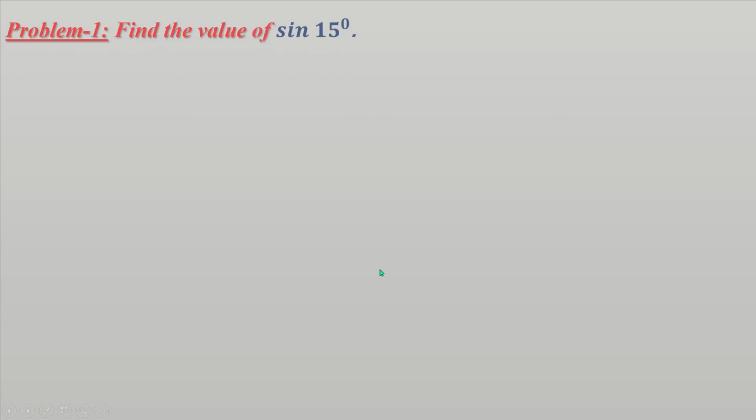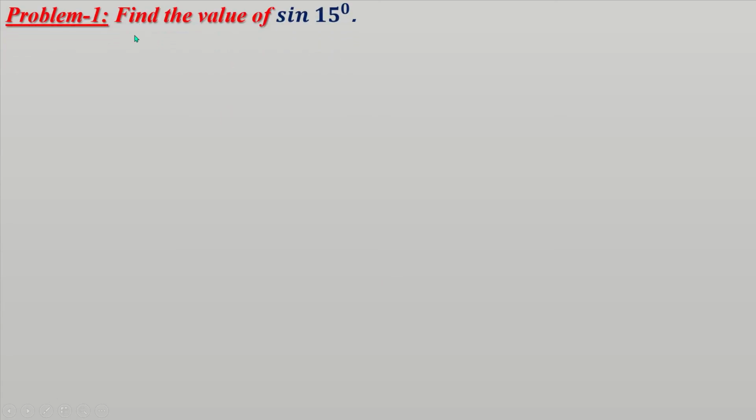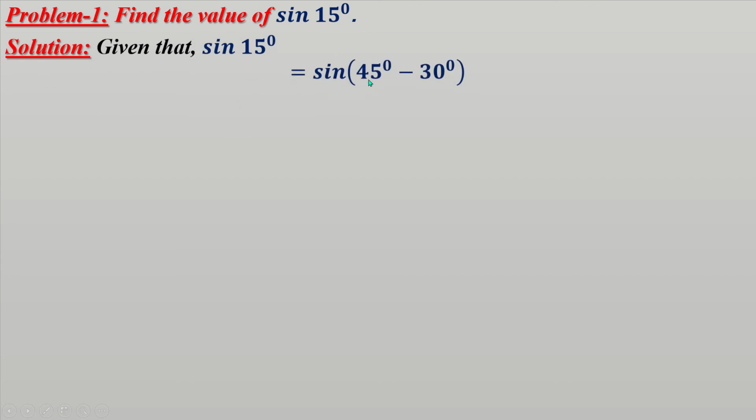solution of some problems. Problem 1: find the value of sin 15 degree. You have to use the formula, not a calculator. 15 degree means 45 degree minus 30 degree. So here is the formula, sin(A−B). Sin(A−B) equals what? Sin A cos B minus cos A sin B. A means 45 degree, B means 30 degree.